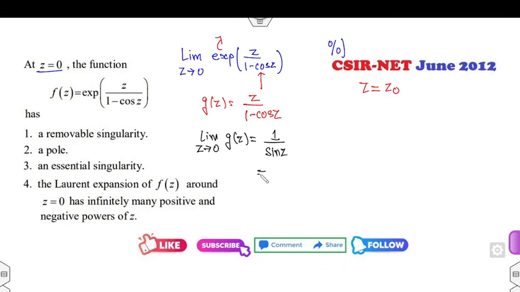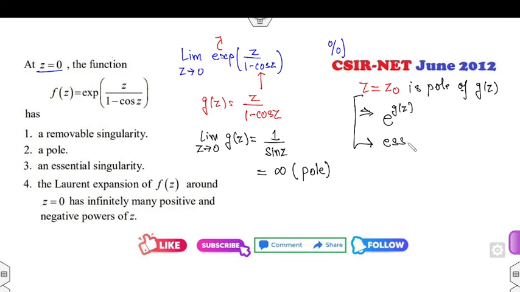So as z approaches 0, sine 0 gives infinity. So z equal to z0 is the pole of g of z. So what is the meaning of this case? This is my essential singularity. The pole is cancelled. Clear?